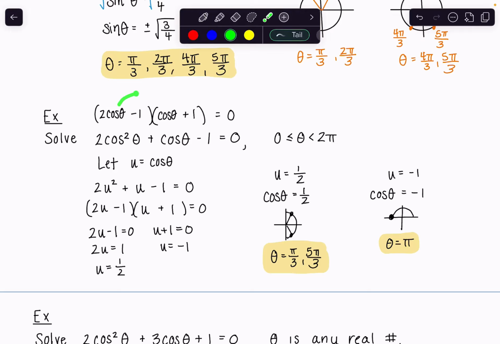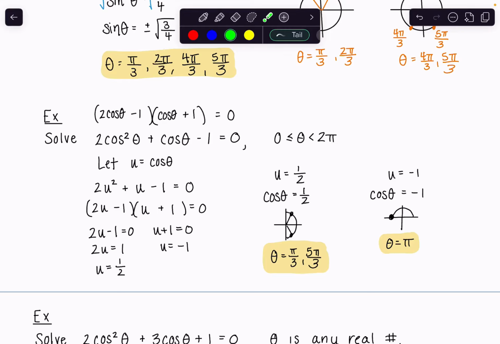And then you check, the outer term is 2 cosine of theta minus cosine of theta gives you the right inner term. So then you would set each of these equal to 0 and solve, and you'd end up with exactly the same thing, okay? So if you feel confident factoring with those trig functions in there, go for it. Otherwise, just make this u substitution and it'll be a little bit easier.